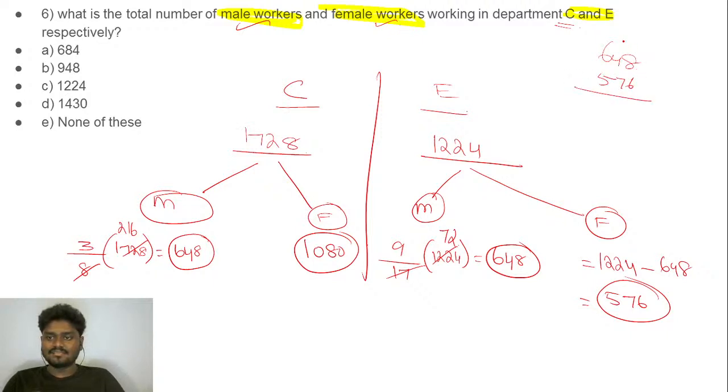If you add this up, this will give you 1,224. That's it. So the answer for this question is exactly option C. 1,224 is exactly the right option for the given question.